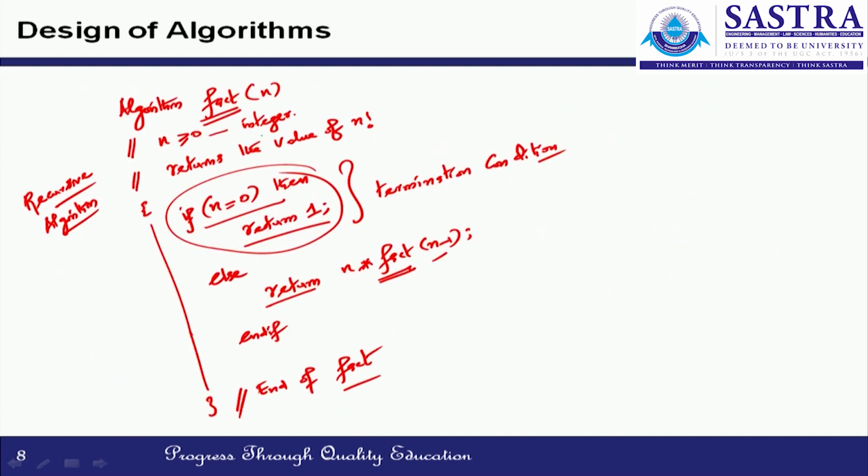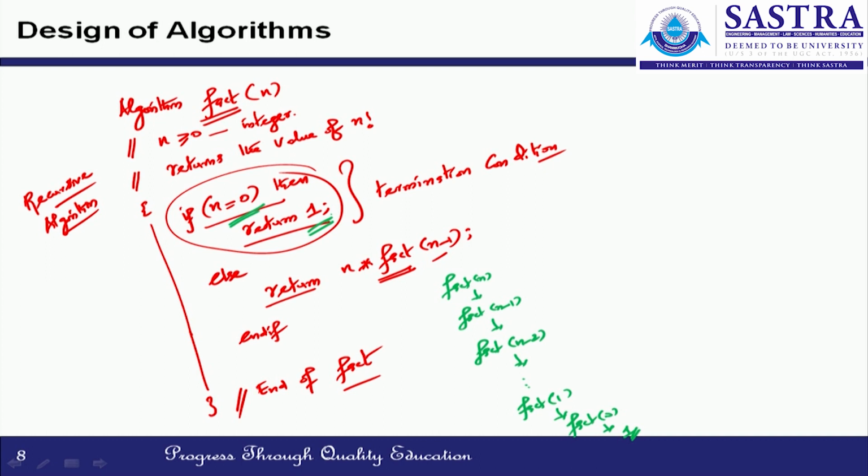Since n is not equal to 0, at every stage, right, fact of n calls fact of n minus 1, fact of n minus 1 further invokes fact of n minus 2, etc. In the last but one stage, fact of 1, then the last stage, fact of 0, terminates the recursion by returning a value 1.